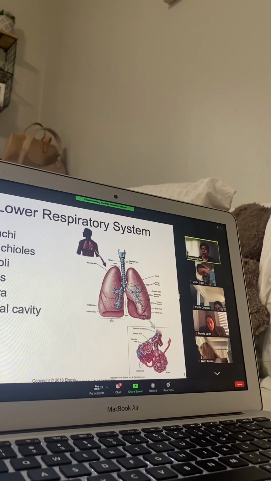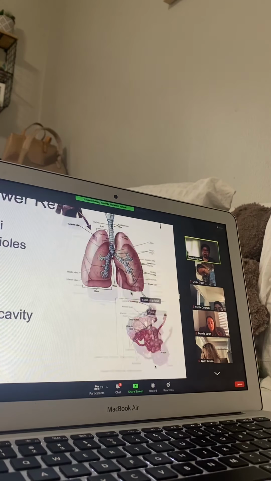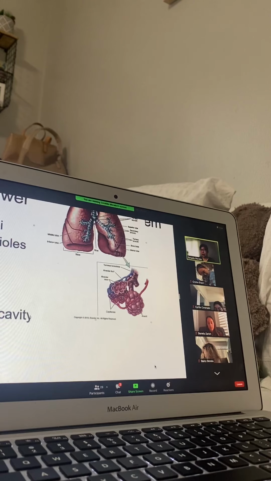On the outer surface of the alveoli, you will find the pulmonary capillaries. So you can see here the red and the blue, which is located outside of those alveoli.